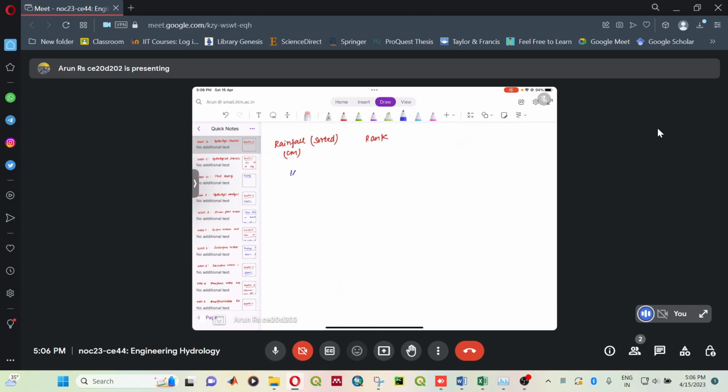So I'm going to arrange it in descending order first. So 14.2, 13.6, 12 happened twice, then 7.9, again 6 centimeters happened twice, then 4.8, 3.7, 2.9, and we can find out the total number of events, that is 10.